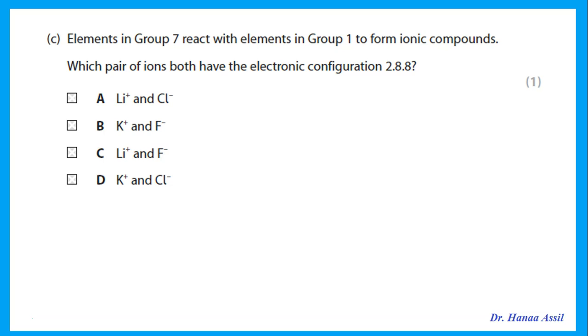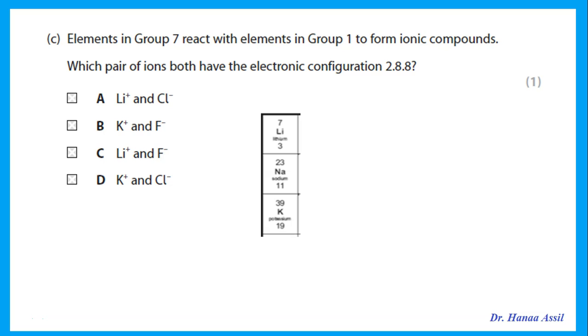Elements in group 7 react with elements in group 1 to form ionic compounds. Which pair of ions both have electronic configuration 2,8,8? So we're looking at these, and you should realize that lithium, sodium, potassium are all in group 1, so they need to lose one electron. We have a choice between lithium and potassium.